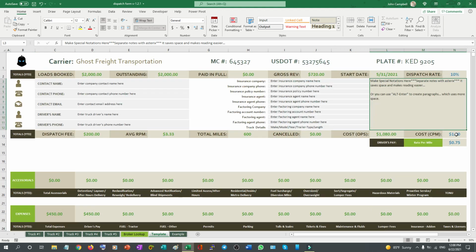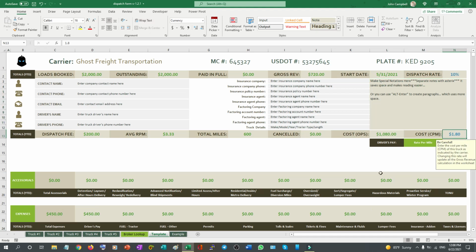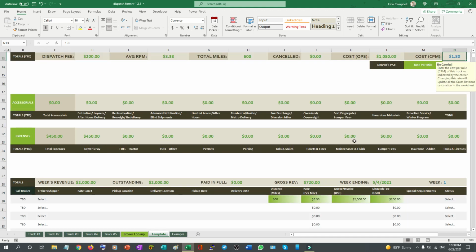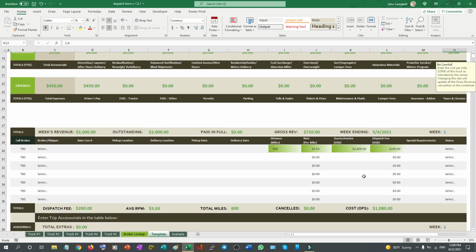The cost per mile is basically being used to calculate the cost of operations, just like the dispatch fee is being calculated.